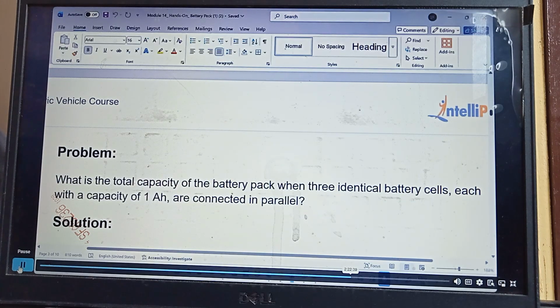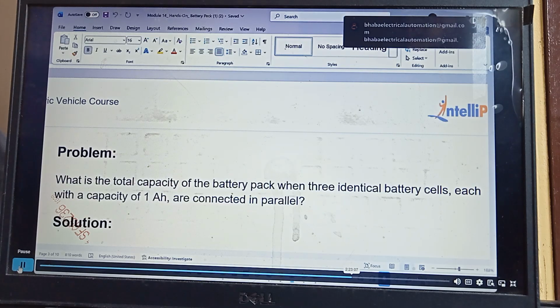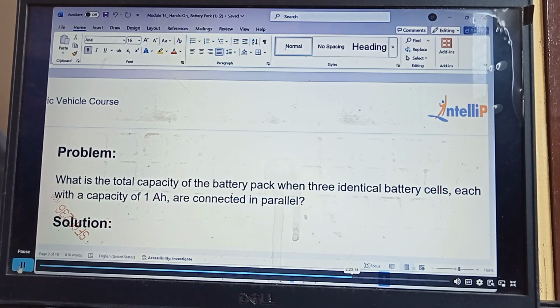What is the total capacity of the battery pack when three identical battery cells, each with a capacity of 1 Ah, are connected in parallel?